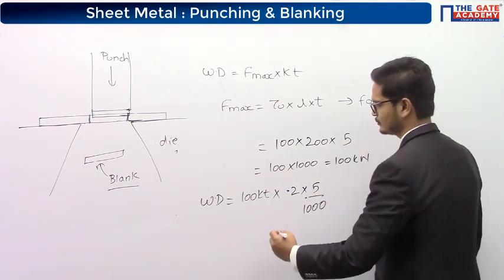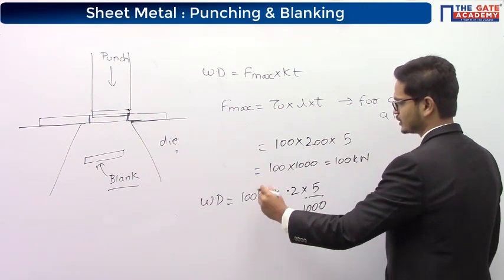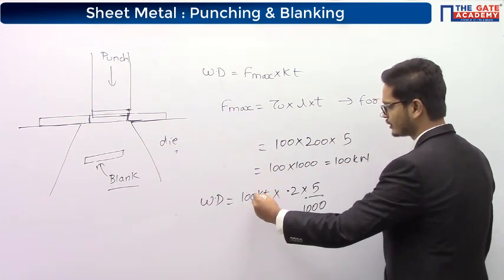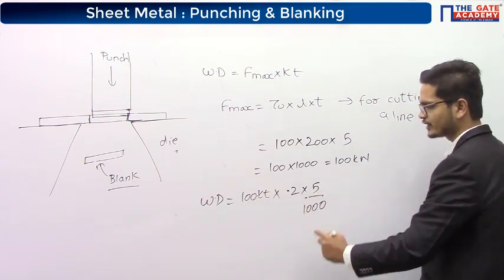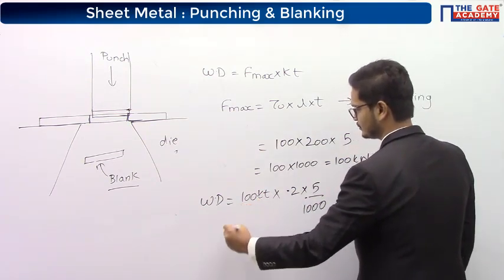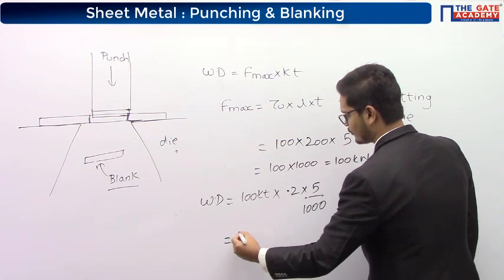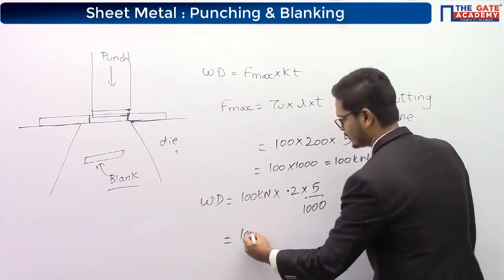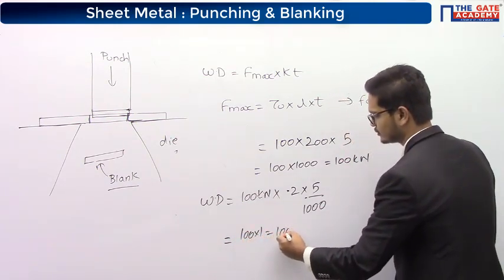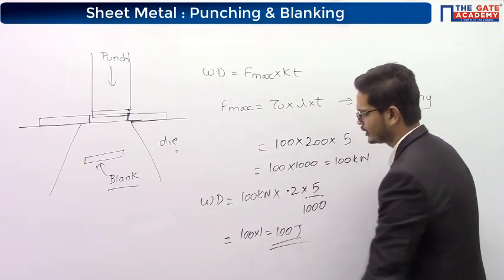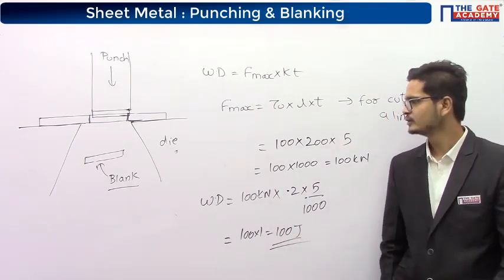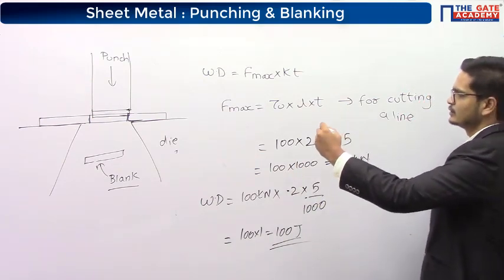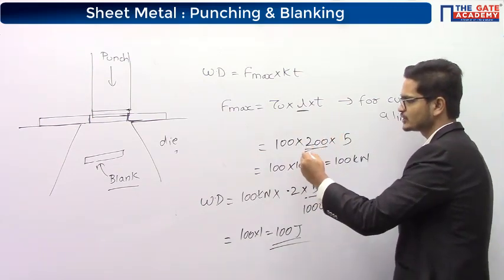This 100 was kilonewtons, right? The kilo of 100 kilonewton and this 1000 will get cancelled. So what I'll get is 100 joule.